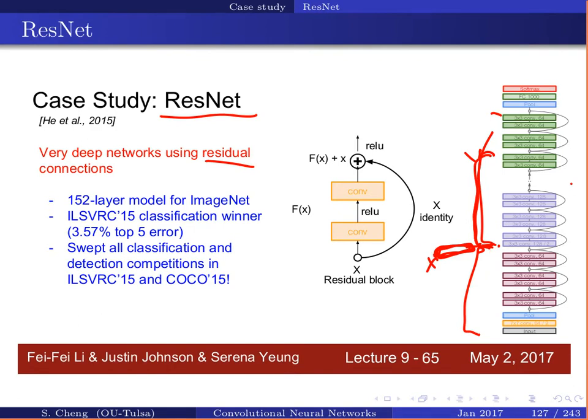Instead of training the output, let's say O(x), directly, I just want to train a residual, in the sense that O(x) will be equal to this residual F(x) plus the input x here.